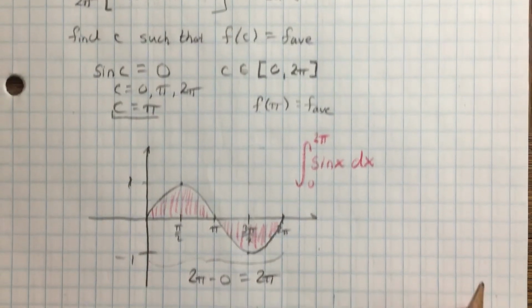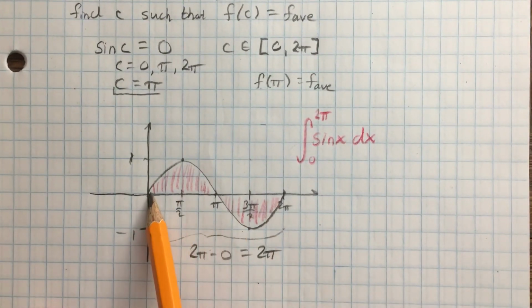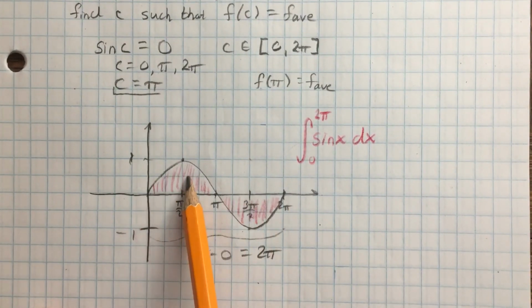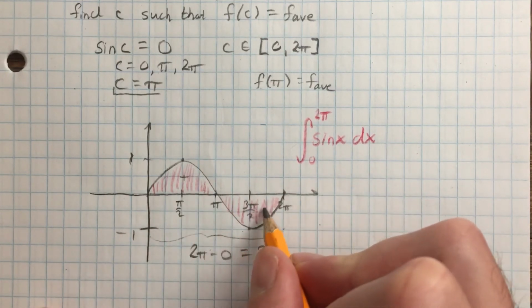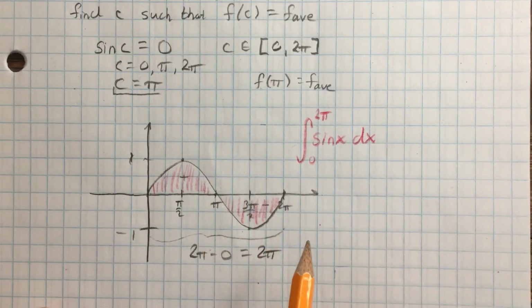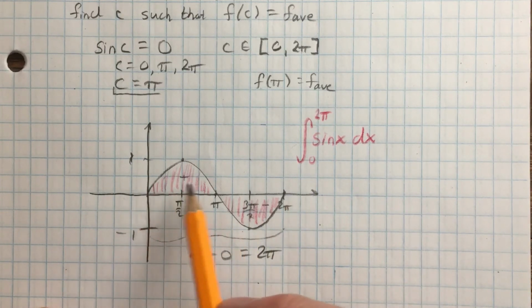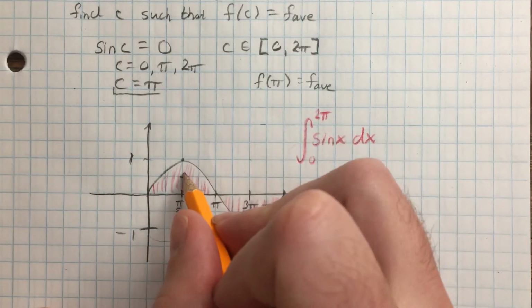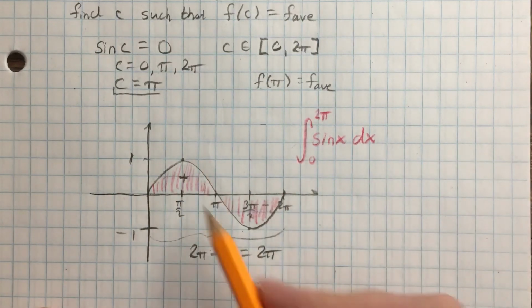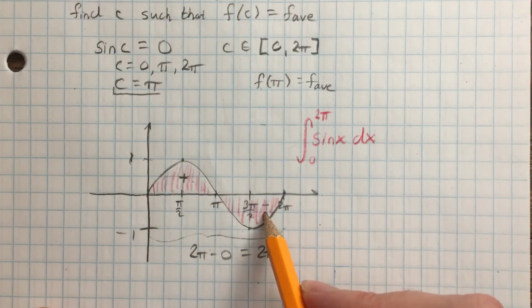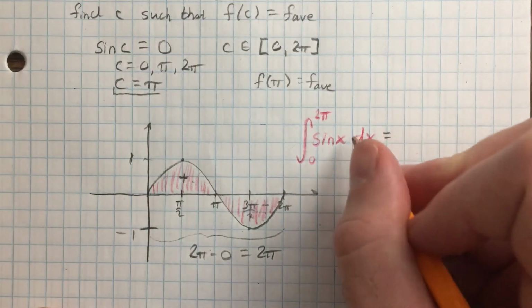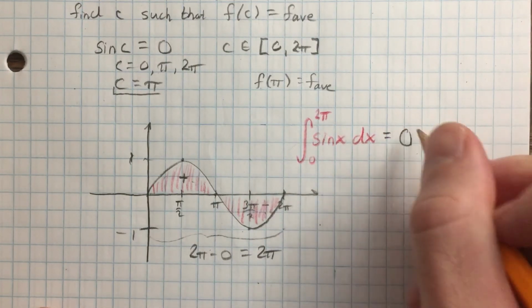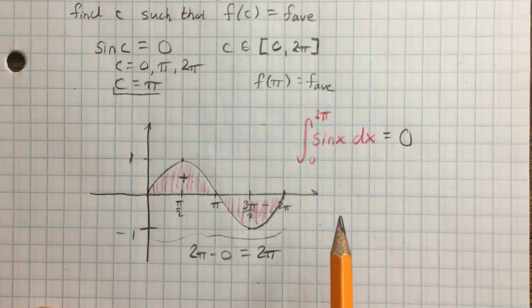But we can see from this interval over which sine is defined that the area here is positive, area here is negative, and they are exactly the same in magnitude. So therefore, even if we didn't know what this value was and this value was, you can see from the picture, which is what I think the book is hinting at, that they are exactly the same magnitude but different sign, because one's above the x-axis, one's below the x-axis. So when you add up all the area together for this integral, it's going to be 0, which is what we got a moment ago using the direct method of antiderivatives.